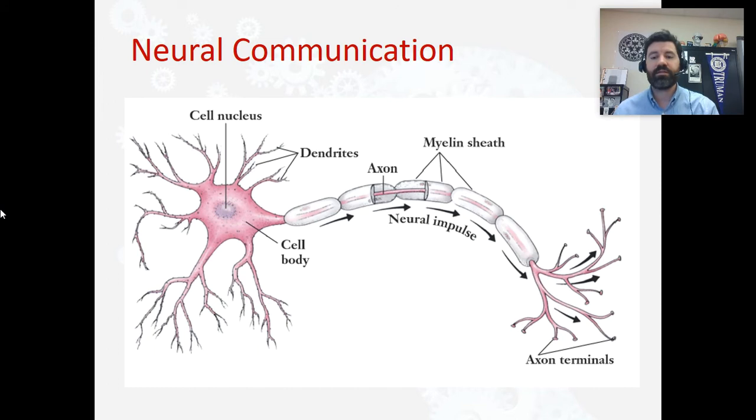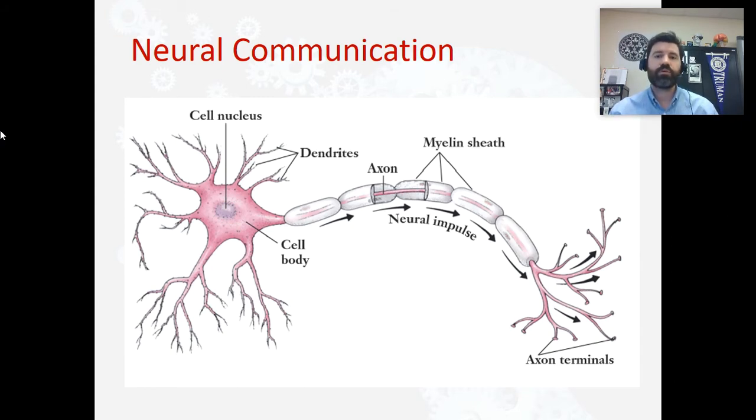When it gets to the end of the axon, it hits what's called our axon terminals or terminal buttons. That electric message transitions into a chemical message, releases chemicals into our synapse. It's that gap in between two neurons, and then they bind with the dendrites of a neighboring neuron, what we call the postsynaptic neuron. That's all from our first lecture.